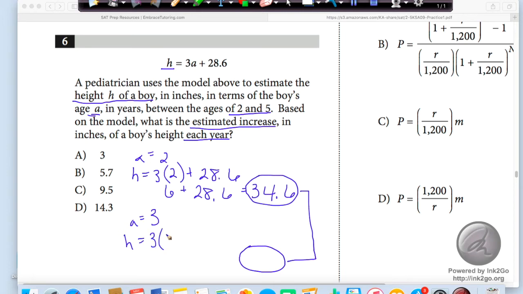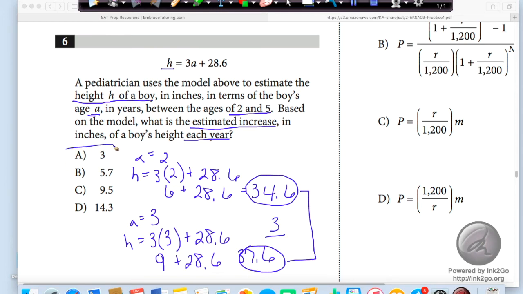So for his total height when he was 3, we plug in the 3 for his age, and then plus the 28.6. So here I'm going to have 9 plus 28.6, which is going to be 37.6. We can see the difference between 37.6 and 34.6 is going to be 3, right?